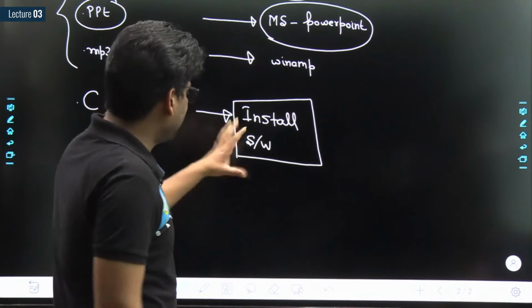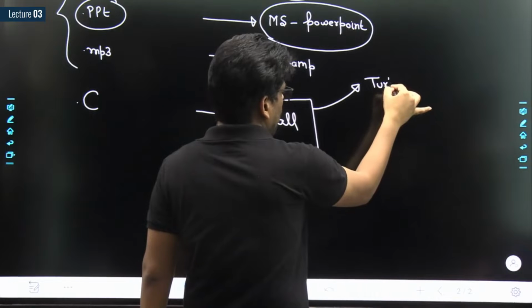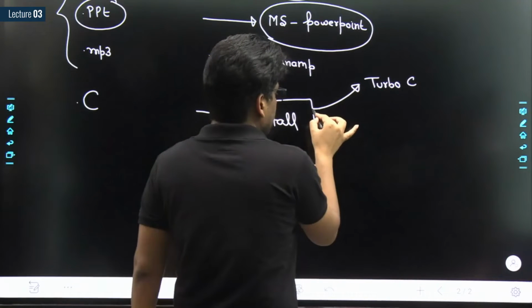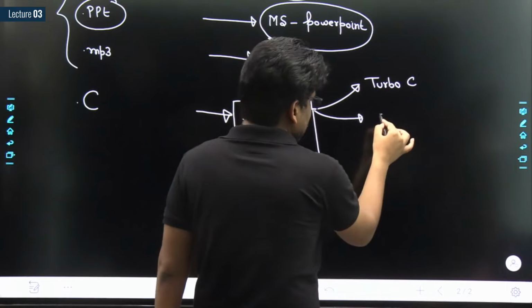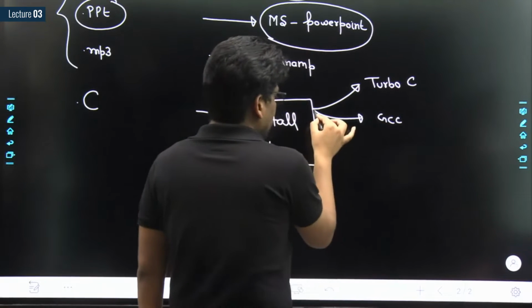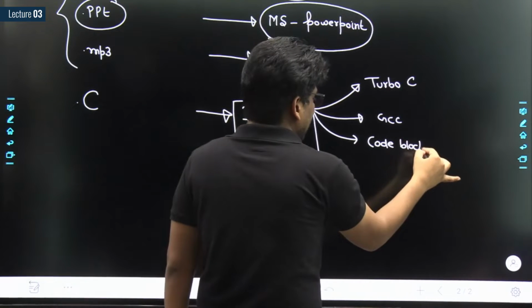There are different softwares. For example, you could install Turbo C. You could install GCC, Code::Blocks, and many more.